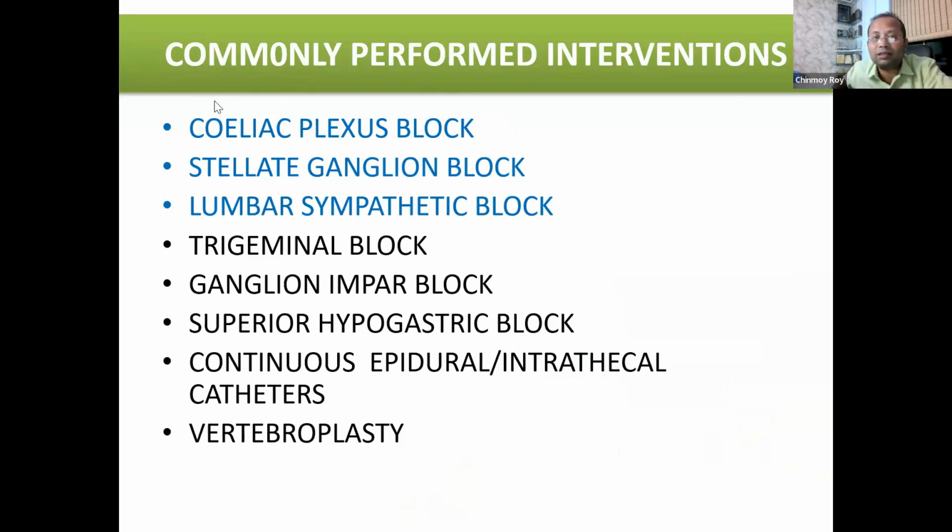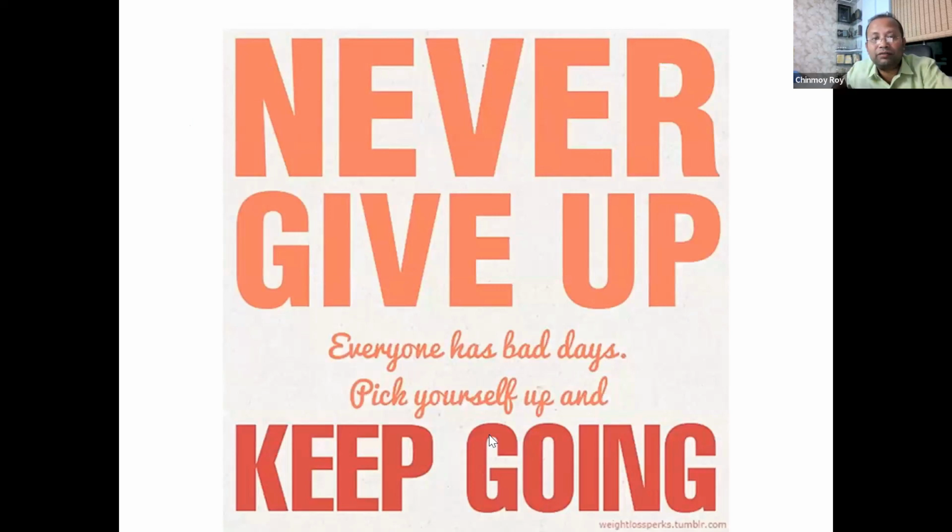Celiac plexus neurolysis is very effective. Remember, in upper visceral pain you will be satisfied. Then stellate ganglion block, lumbar sympathetic block, trigeminal block, all are possible. In many patients you will be giving these injections, and of course the patient gets very good relief. So never give up and keep going.